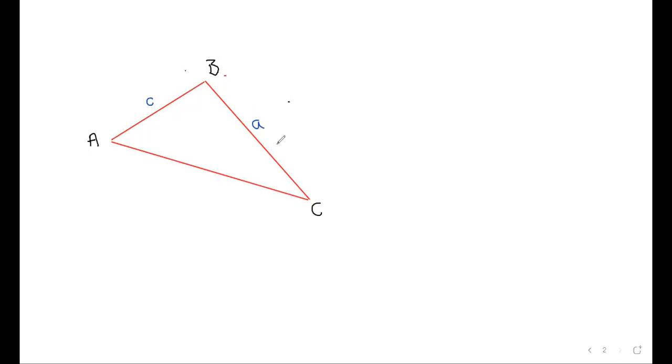And we know the angle here, which is like the case that we had. We said that the angle is, for example, alpha. In general, it can be anything. Now, the case for us here is that we are looking for this side, which I called B.